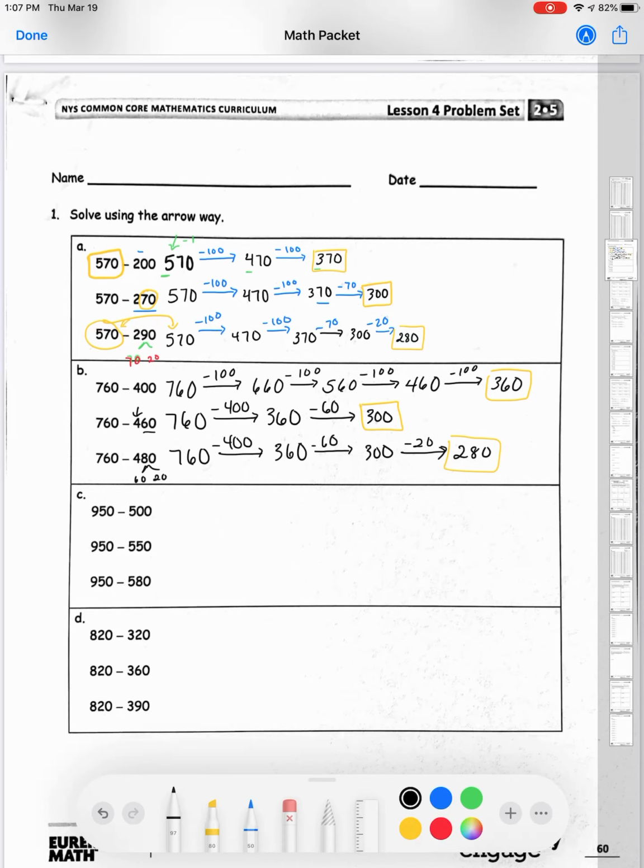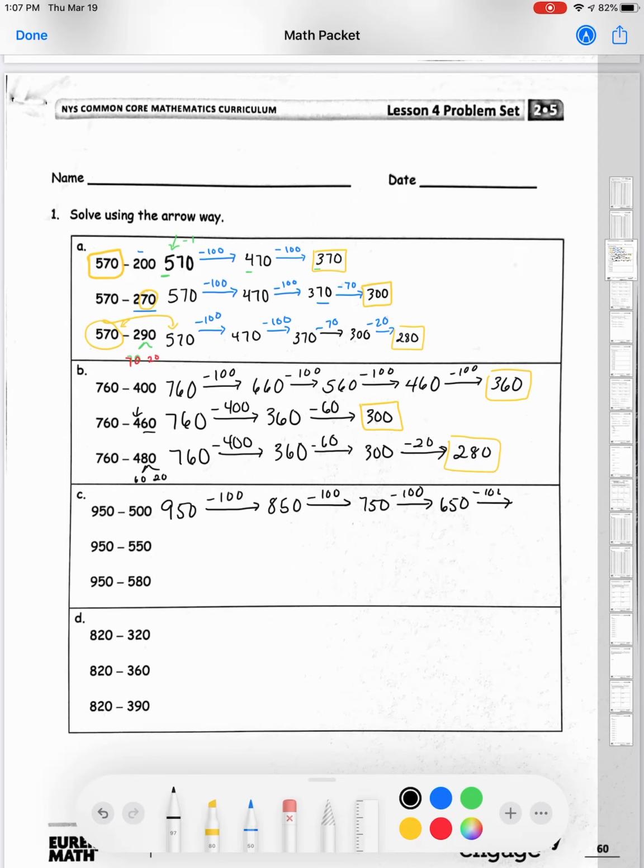Okay, now the next one is 950 and minus 100 puts me at 850. Minus 100 puts me at 750. Minus 100 puts me at 650.